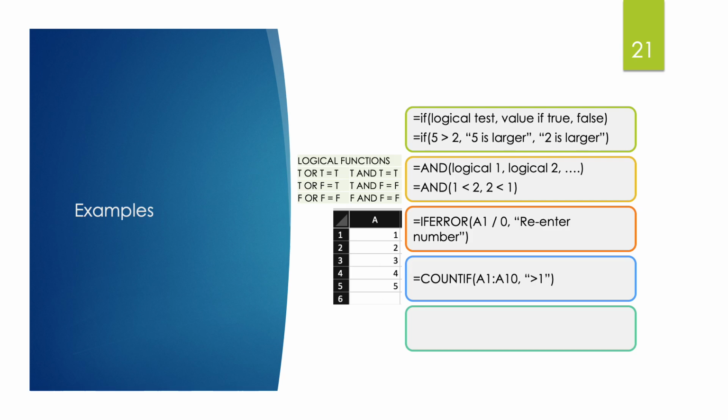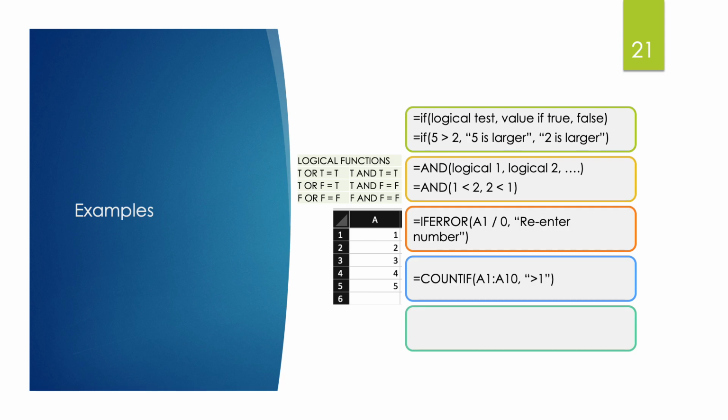If 1 is divided by 0, if that gives me an error, it will display "re-enter number", right? So if you write this one in Excel, you will see that it will display "re-enter number". If you change this 0 to 1, then it will not display "re-enter number", because there's no error when you do A1, which is 1, divided by 1. There is no error.